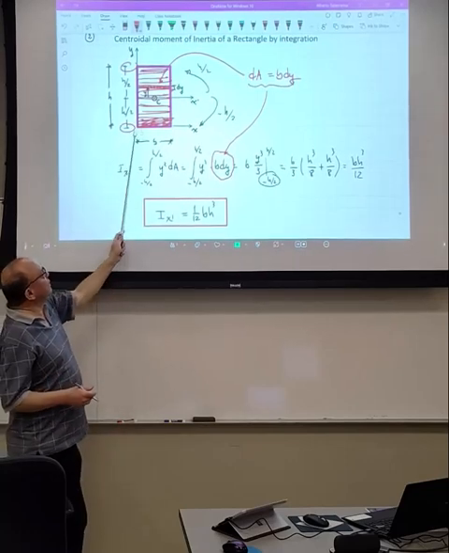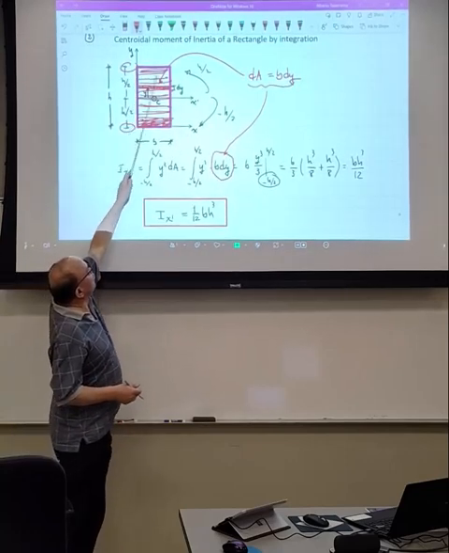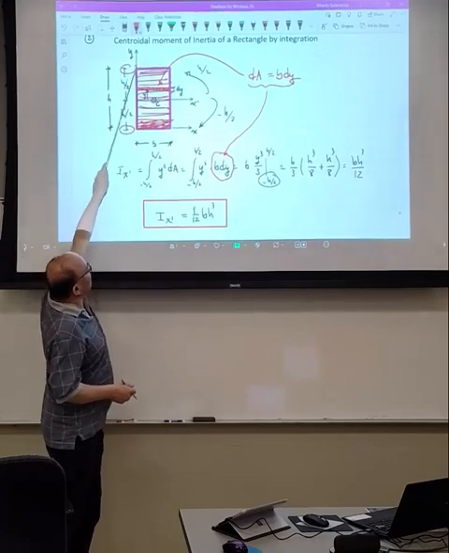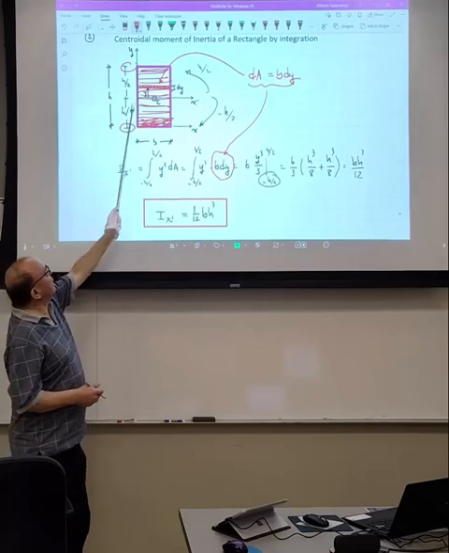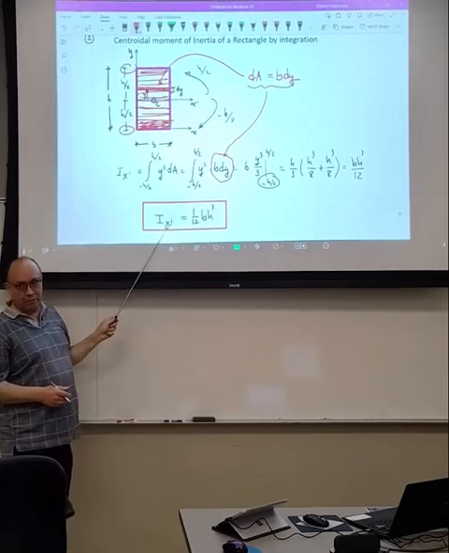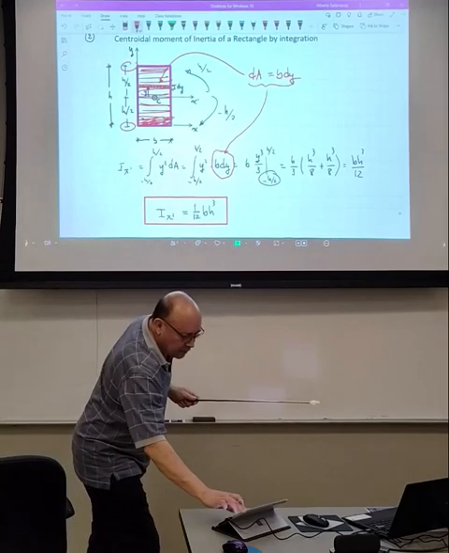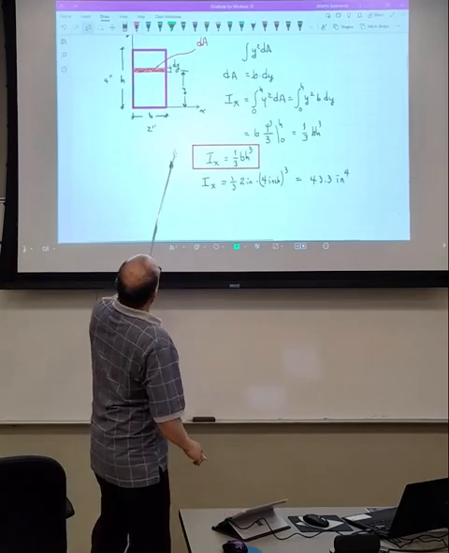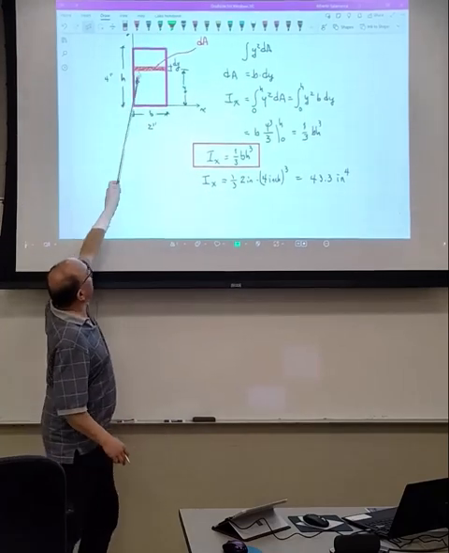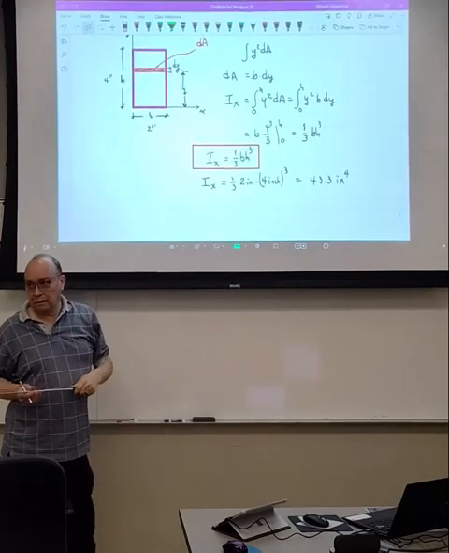If the axis is this one, to sweep the whole area, you go from y equals 0 all the way to h. But now our axis is this one. That's why I have x prime here. The previous one has x. This one is from here to here. Right?